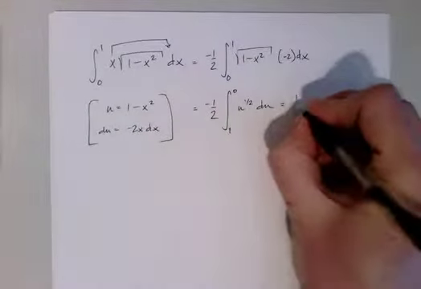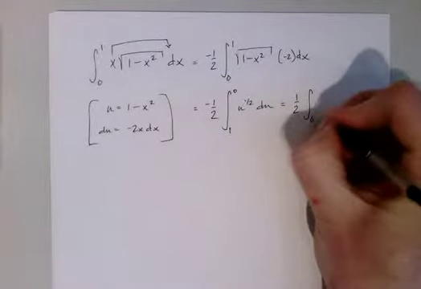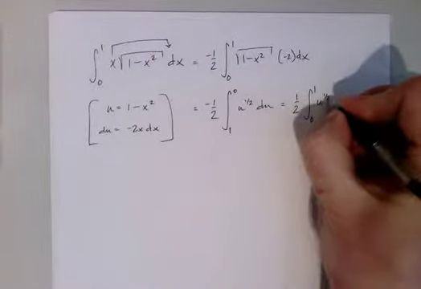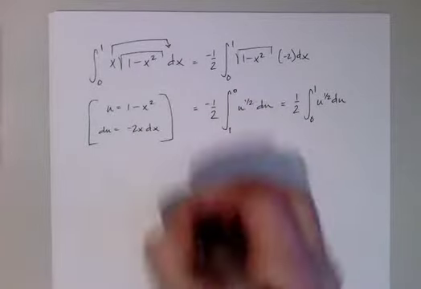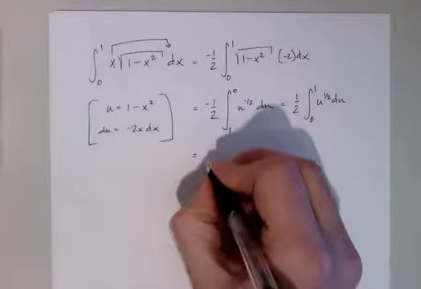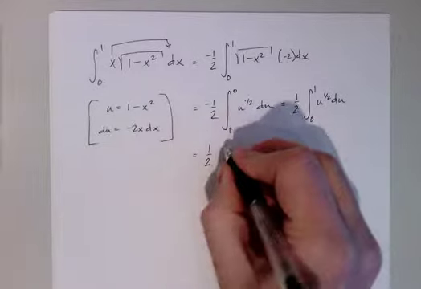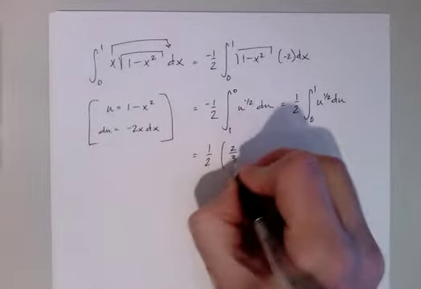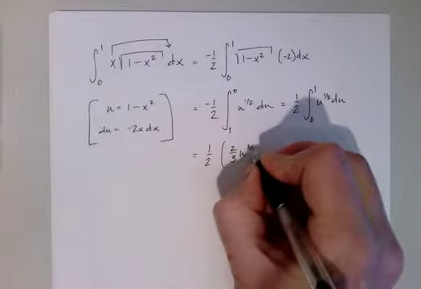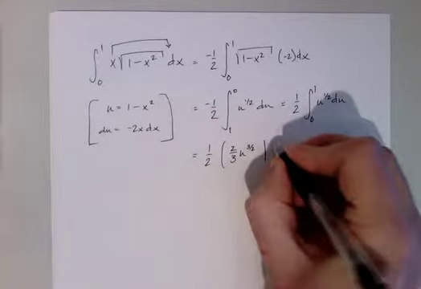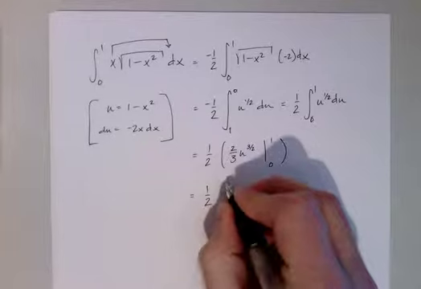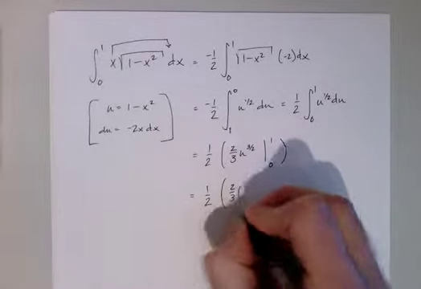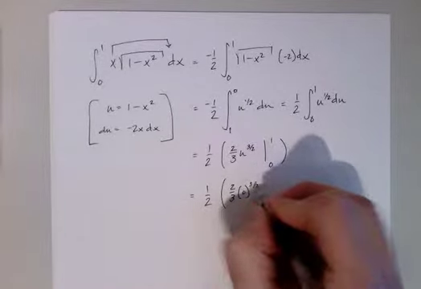Well, all that it takes in order to turn it into a nice, neat integral is to flip the limits of integration and take away the negative that's out in front. And so I have 1/2 times 2/3 u to the 3/2 from 0 to 1, or 1/2 times 2/3 times 1 to the 3/2 minus 0 to the 3/2.